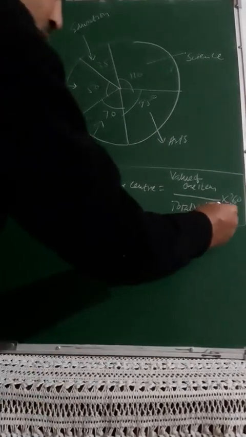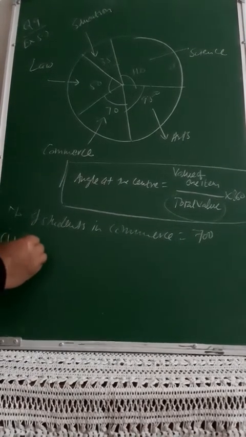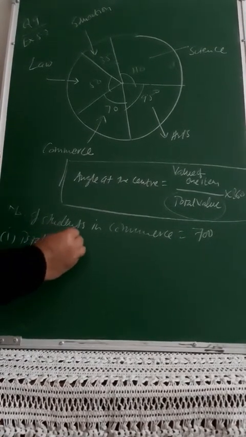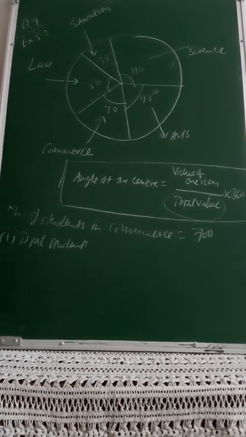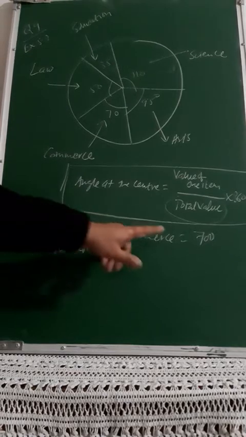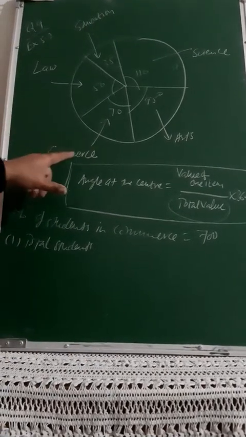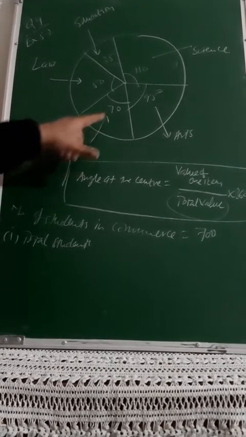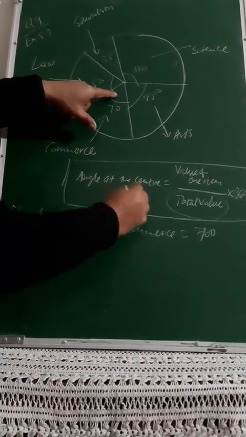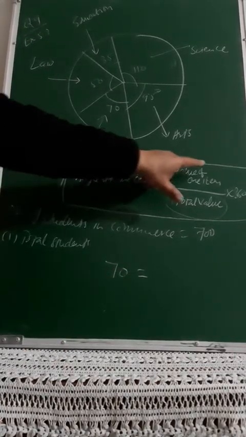I need to focus my attention here. In the first part, I want to find the total students. So use the part that is given to you, that is commerce. I have to see in my pie chart where commerce is. So the angle for commerce at the center, which is 70 degrees, is equal to the value of one item.